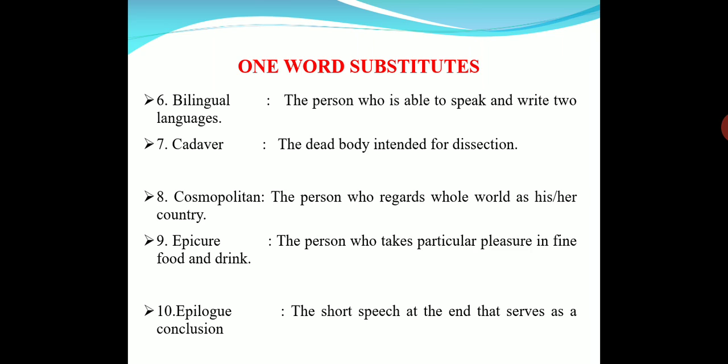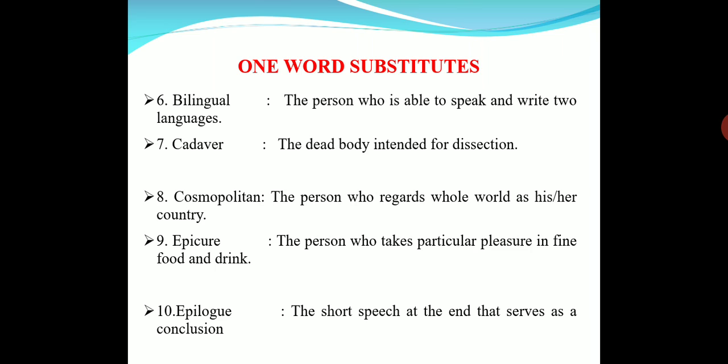Everyone can speak one's own mother tongue as well as another language. Either you may speak Hindi or English. As in India we have the three language formula. Generally we speak more than one language.